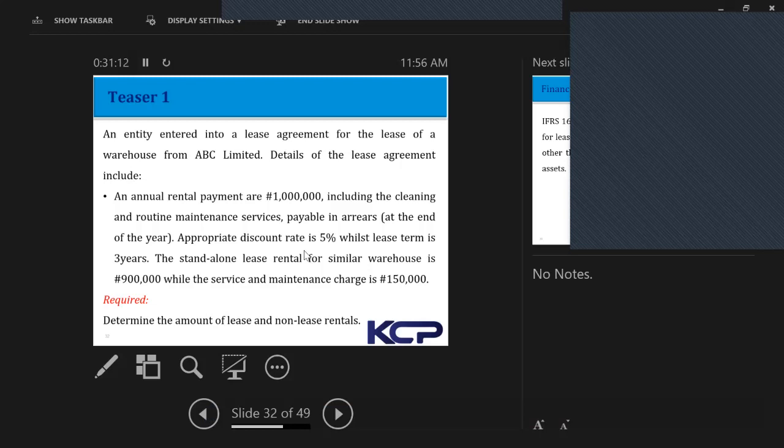And we have also explained how this particular scenario would have been treated under IAS 17, and what amendment would be required if it is to be done in line with IFRS 16.